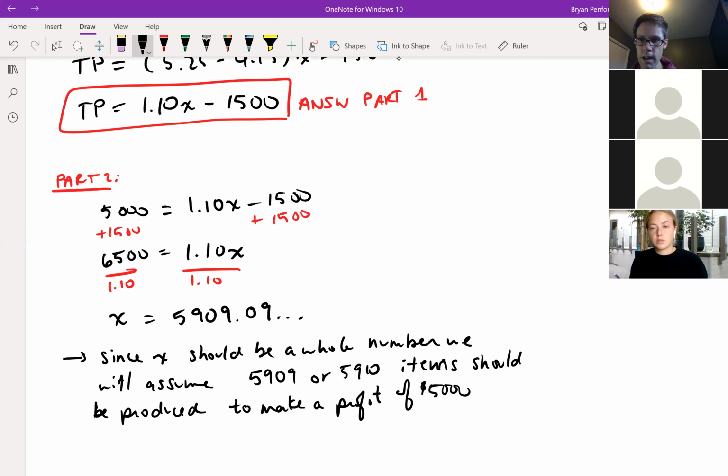Megan's asking, wouldn't we need to divide 5,910 by 5.25 to get the number of items we would need to sell? What I would say to you, Megan, is we're selling those items at $5.25. That's correct. I'm not going to argue with you on that. But it does cost us a little bit of money to bring each of these items in.